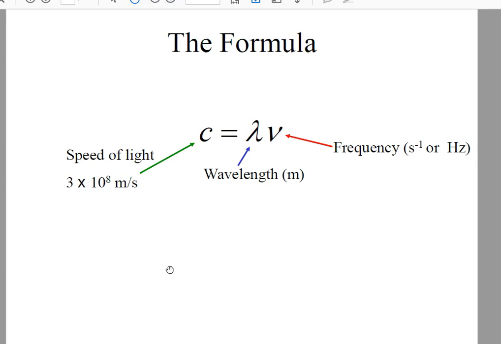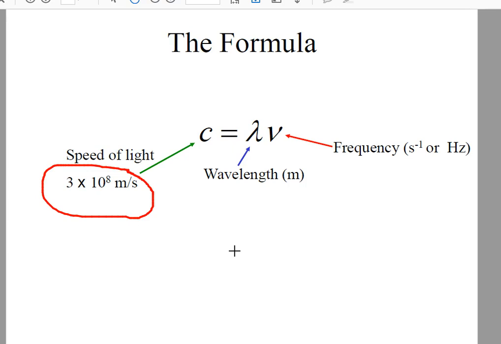The formula that goes with waves, known as the wave formula, is c equals wavelength times frequency. c here is the speed of the wave. In our case, we're only going to be talking about light waves. So the speed of light is always approximately 3.8 times 10 to the 8 meters per second.